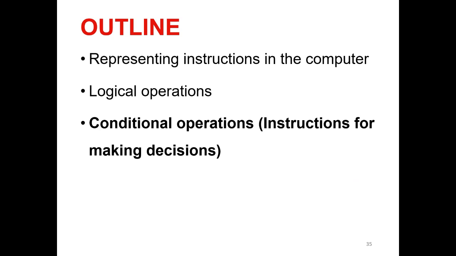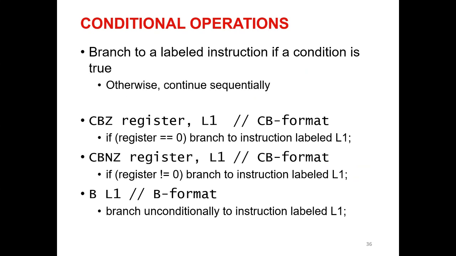So then finally, we are going to see a very important type of instructions, which are the conditional operations. It could be seen as instructions for making decisions. So we have mainly 3 different instructions for making decisions. The first one is called CBZ, compare and branch if zero.